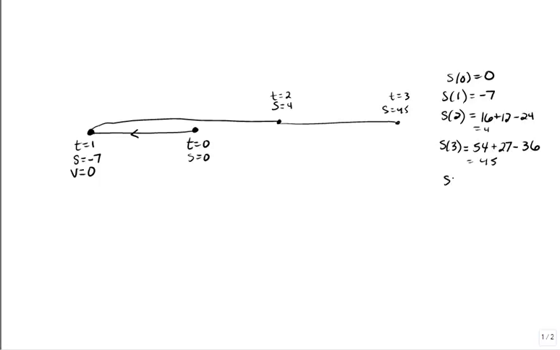Okay, let's do negatives. At negative 1, we're going to be at 13. So let's do this. At negative 2, we turn and change direction. So that's going to be 20.